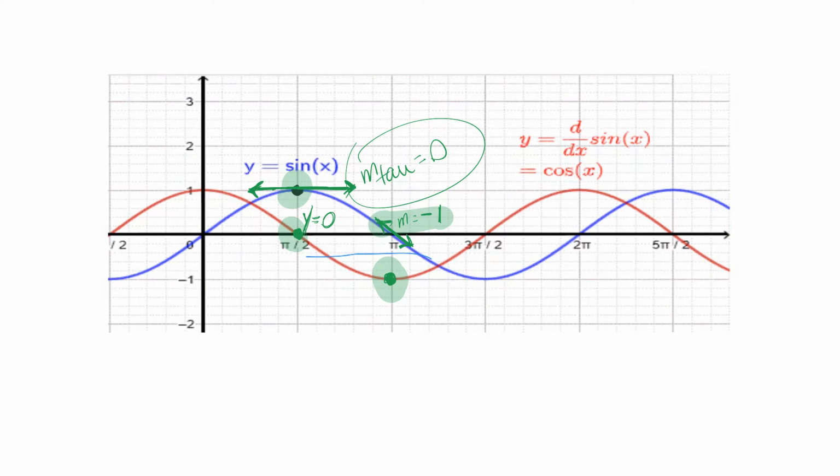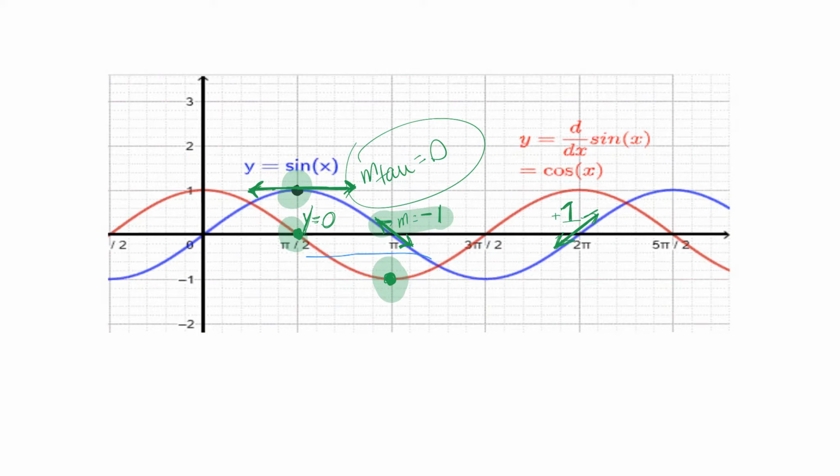Let's go to a different spot. Let's look right here. What would you say is the slope of this green tangent that I'm drawing right here? This looks like another nice diagonal line. It's got a slope of 1, and it's a positive slope, right?